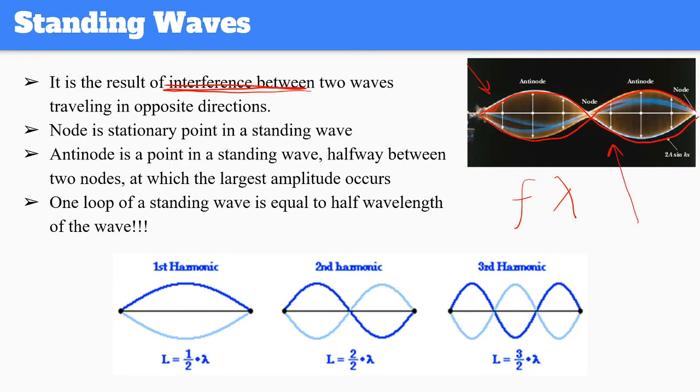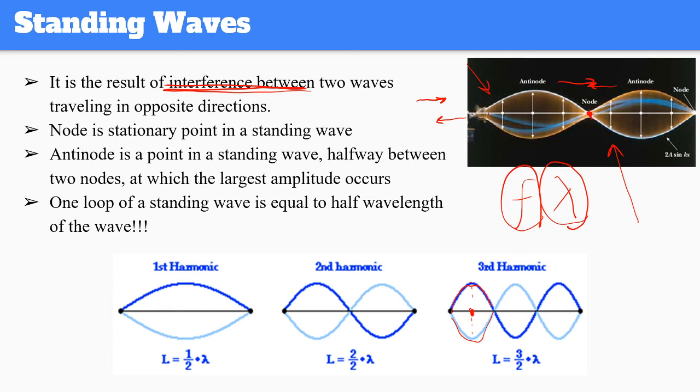However, this is a continuous movement, but at certain frequencies and wavelengths, all of the forward-moving waves and returning waves are going to interfere at the same location with the same amplitudes all the time. So, for example, at this point, at all times, all of the going waves and returning waves are going to interfere at that specific location, and they are going to cancel each other out at this location at all times.